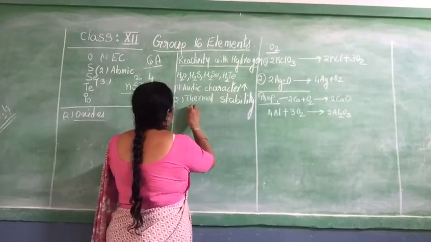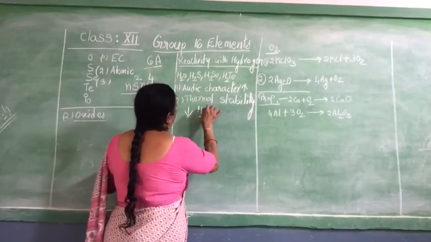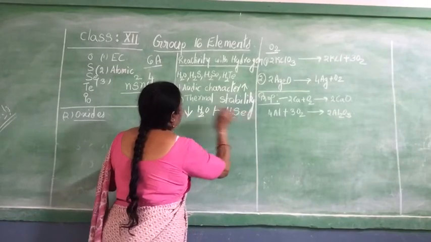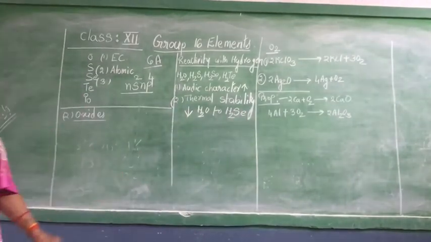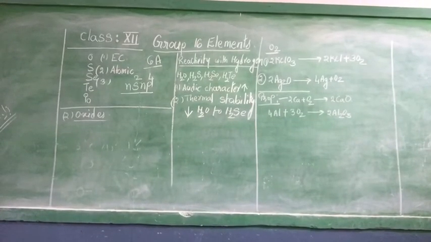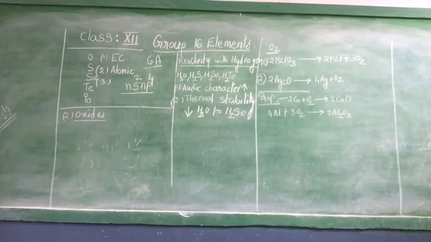Thermal stability also decreases from H2O to H2Te. Thermal stability decreases down the family, and acidic character increases down the family.